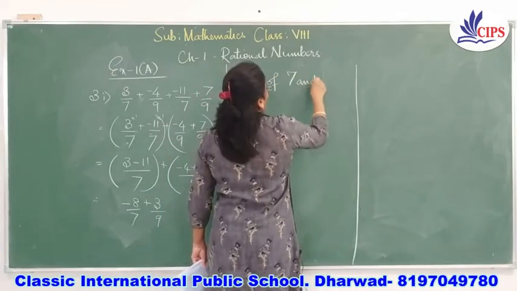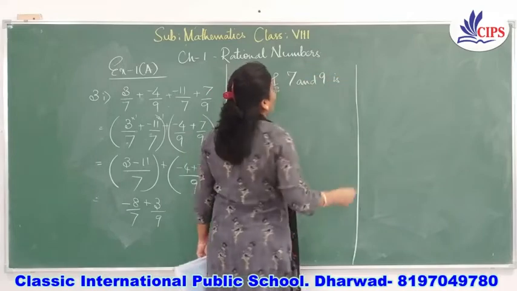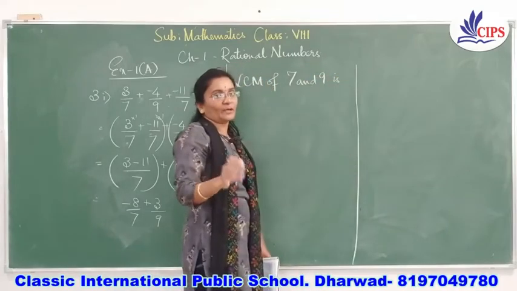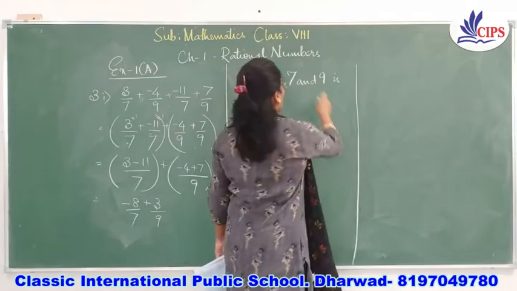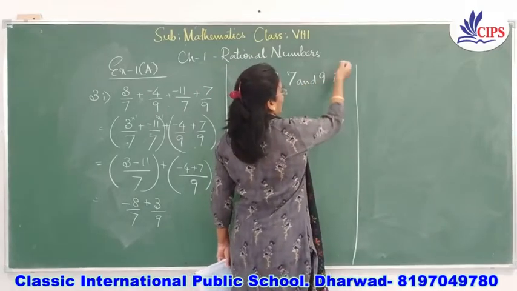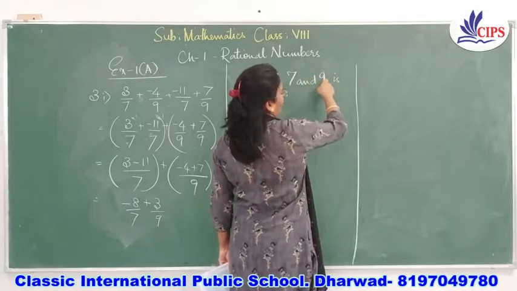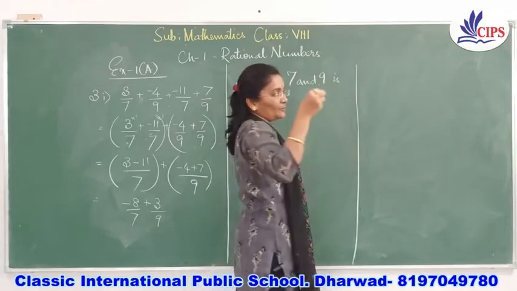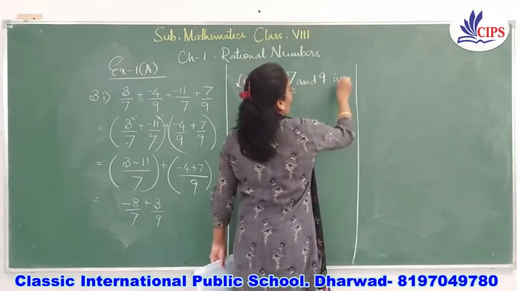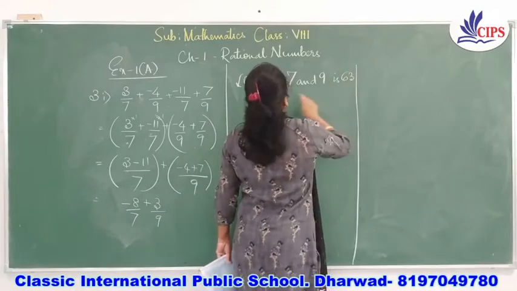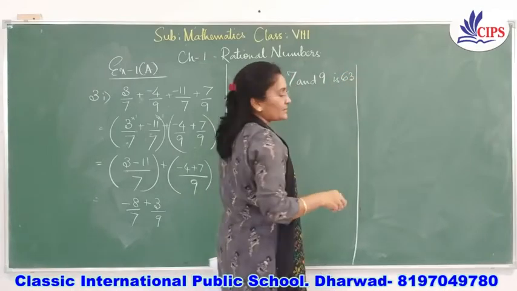I've told you that method, or you can find it by prime factorization also. As both are odd numbers, we can find it by using multiples of 9. So 63. So the LCM of 7 and 9 is 63.